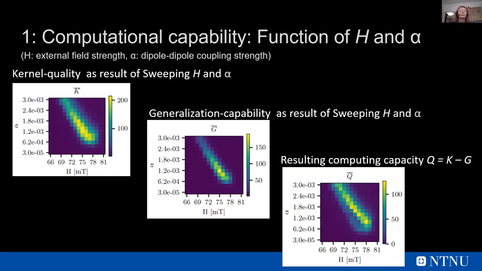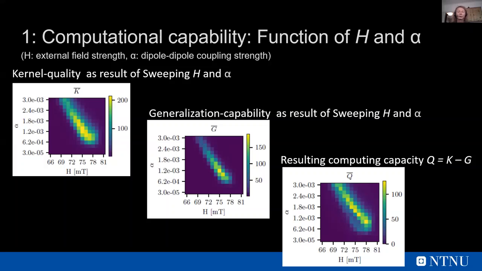And we also look at the alpha parameter, which is how close the magnets are. So we have swept these two parameters and made heat maps of kernel quality and generalization capacity, and also calculated the computational capacity.